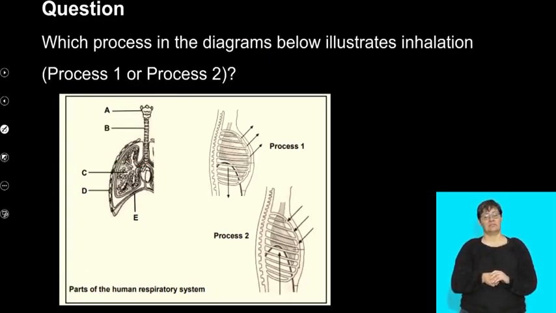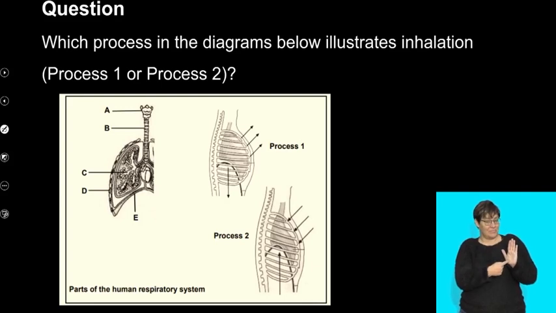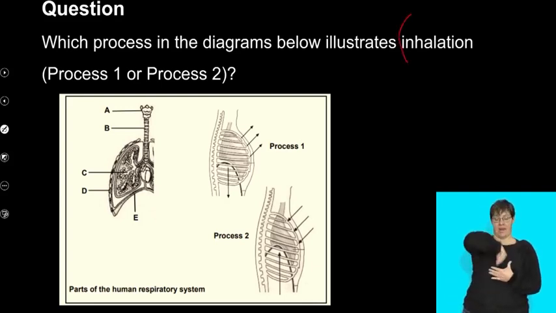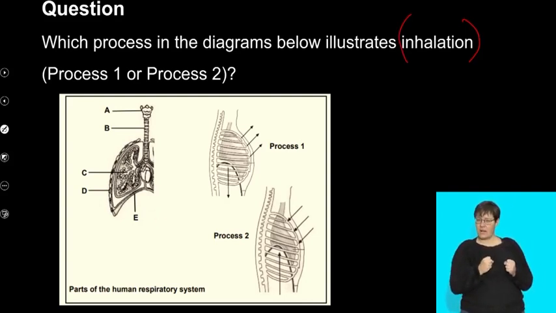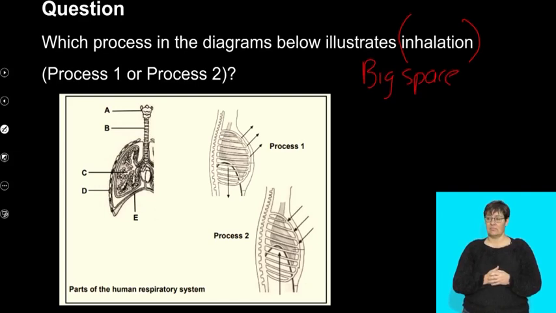Okay, the next question. Which process in the diagrams below illustrates inhalation? Now, inhalation is breathing in, and when we look at the muscles, what are we expecting? Right, we're expecting a bigger space to be made, which leads to less pressure.